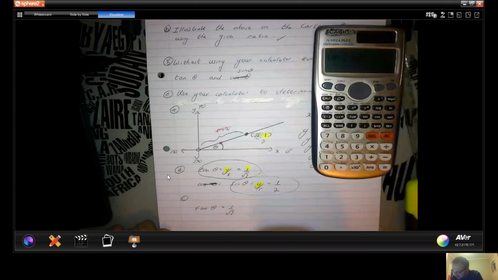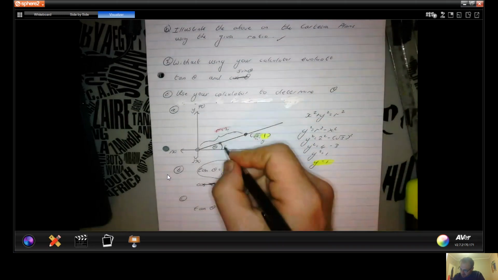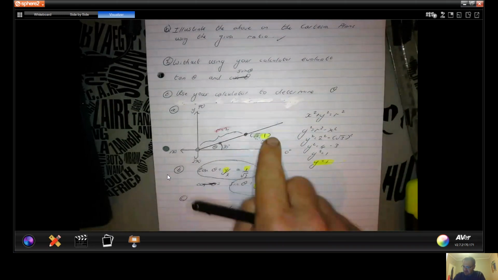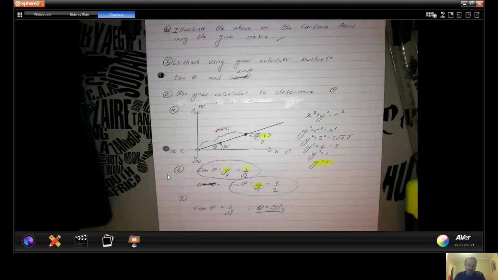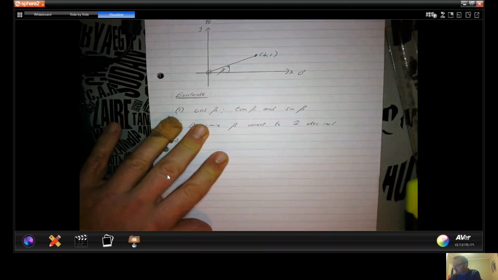So we've worked out that this angle theta is equal to 30 degrees. In other words, those ratios would stay fixed for an angle of 30 degrees. You're doing very well.